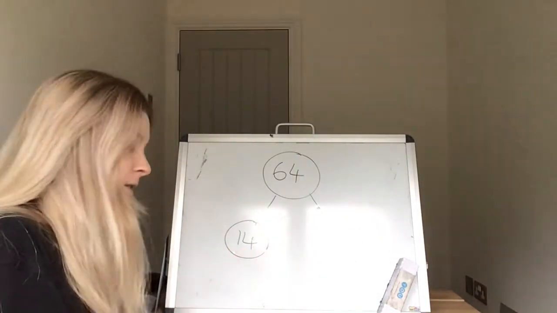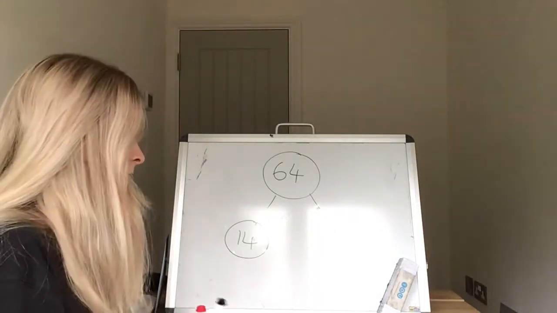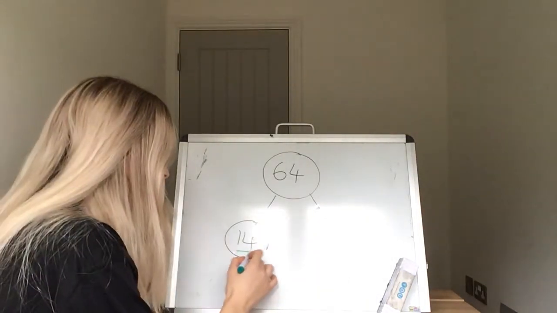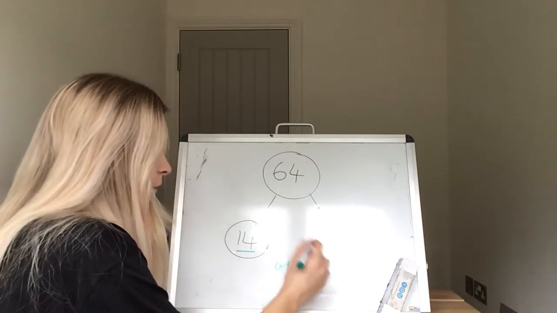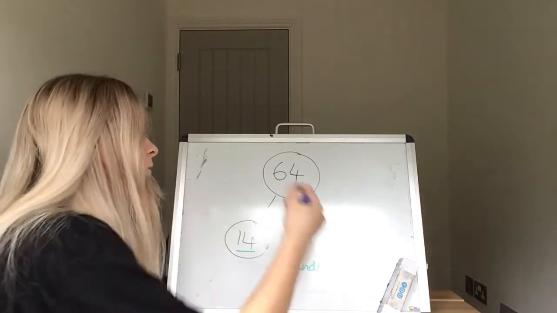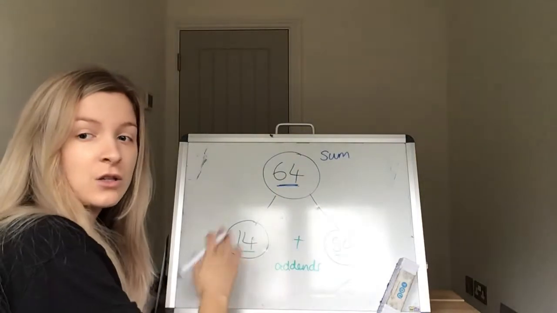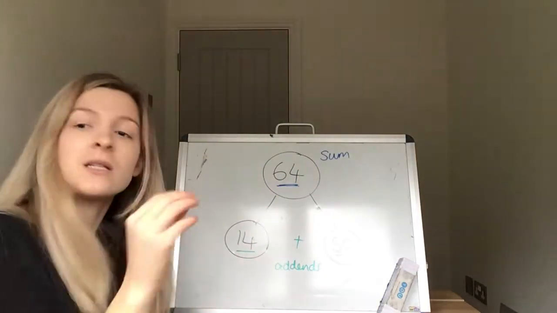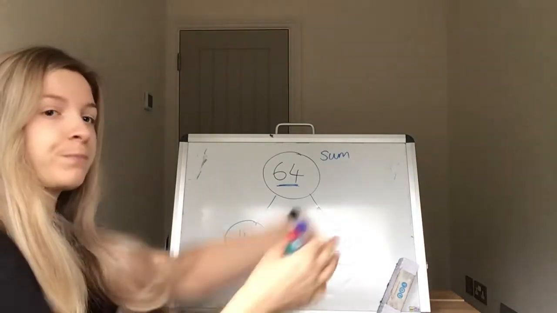Which are my addends this time? You should be thinking 14 and 50 are my addends. Of course, because they add together to create the whole, and this is the sum. So, in different representations, think carefully about which numbers you're adding together to create the sum.